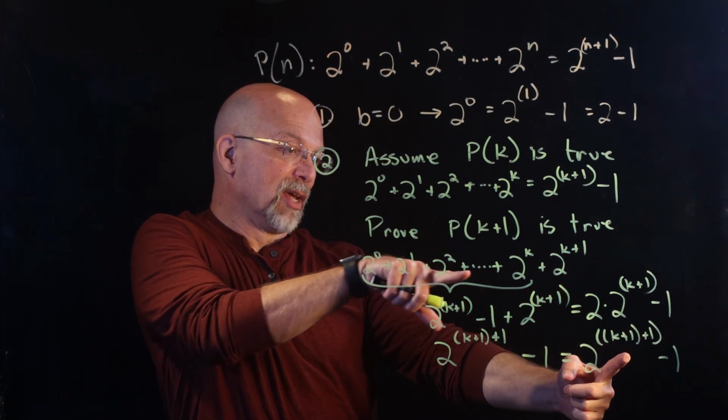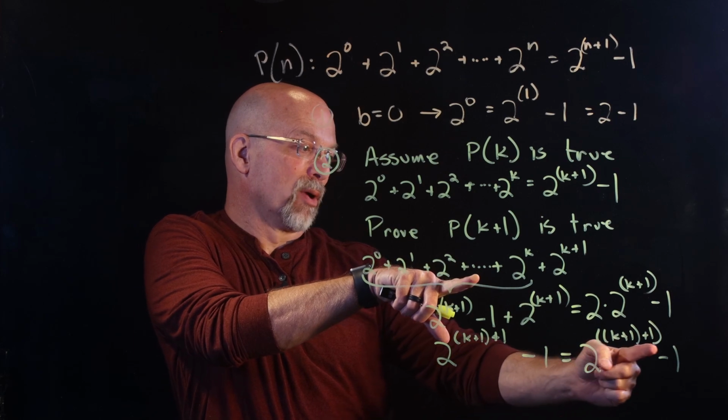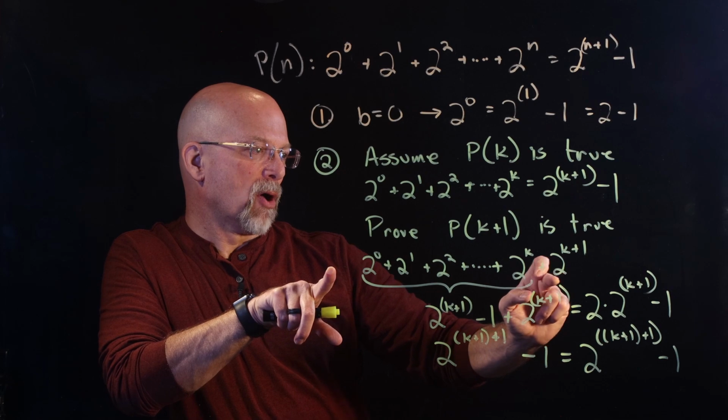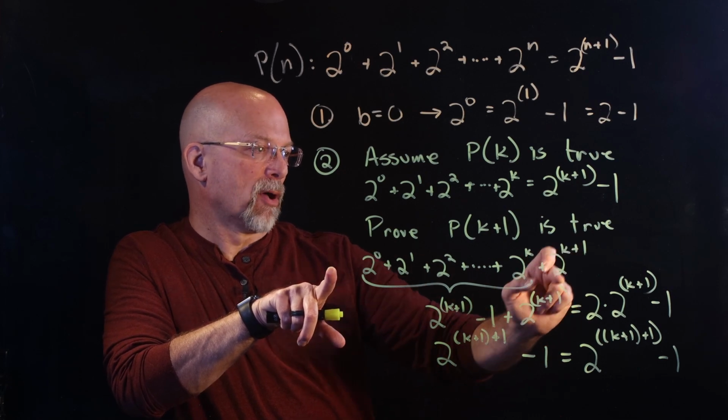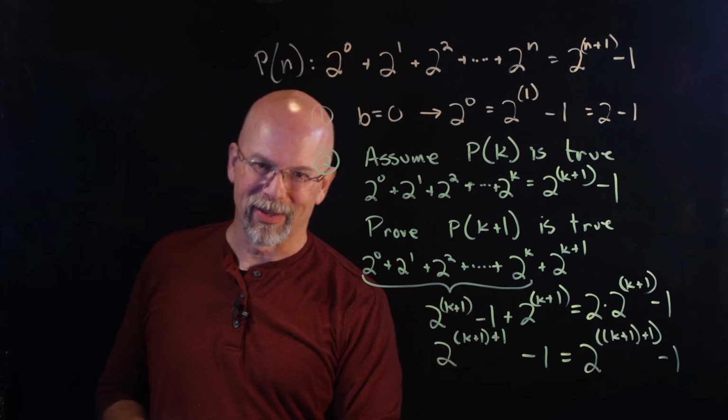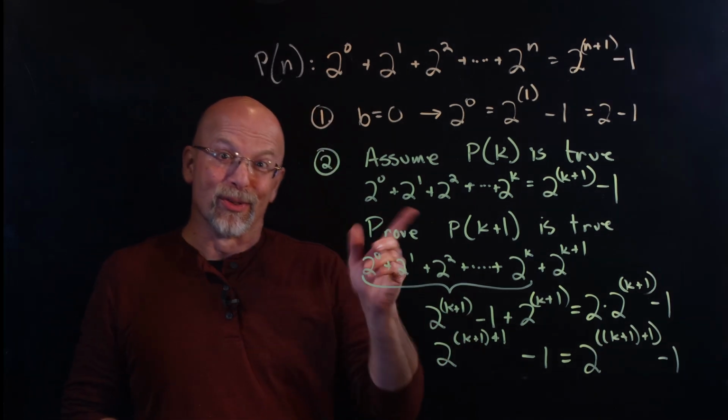So what we show is that 2 to the k plus 2 minus 1 is equal to all the powers of 2 added up all the way to 2 to the k plus 1, and we've proven it true. All right? Okay, so there you go.